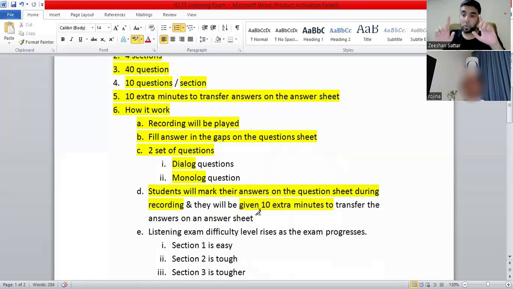But the students who are appearing in the computer-based exam, or the students who are nowadays appearing in UKVI, the UK Visa and Immigration examination of IELTS, are not allowed to sit the manual exam. They are required to sit at computers for their examination, and they have to type the answers during the recording. They will not be allowed to take 10 extra minutes to transfer the answers to the answer sheet.